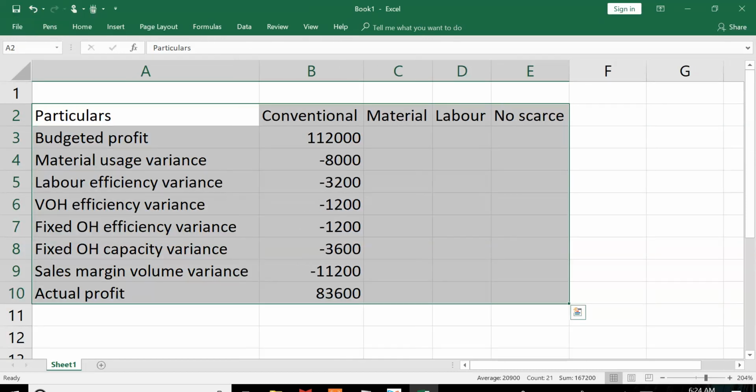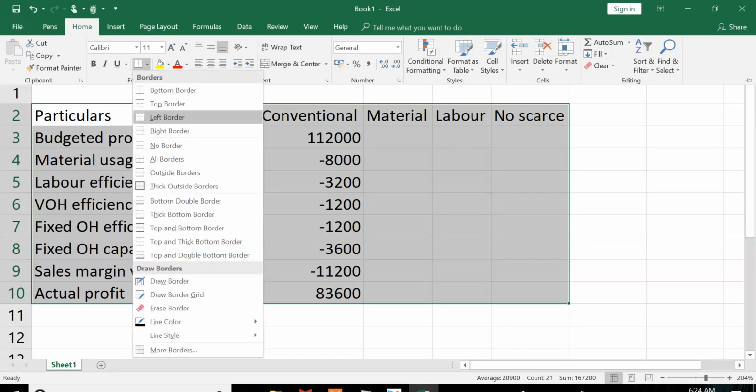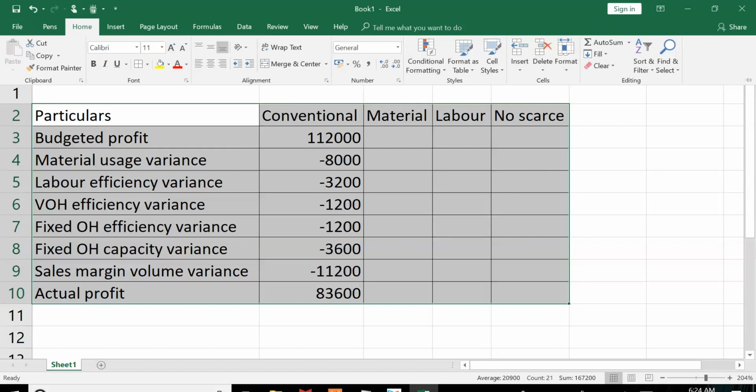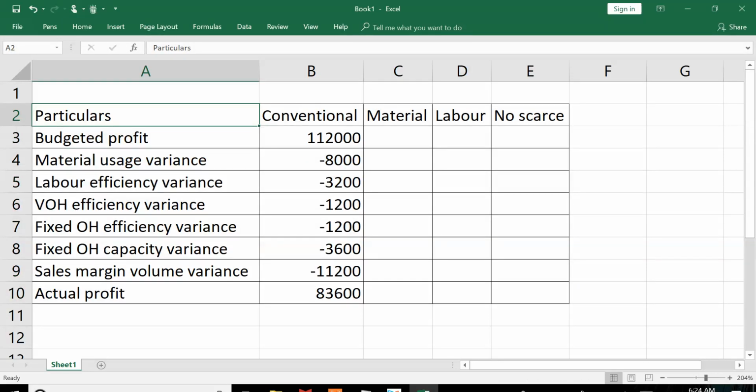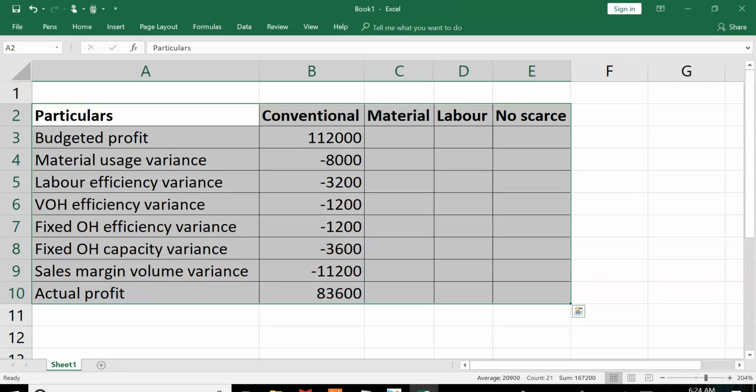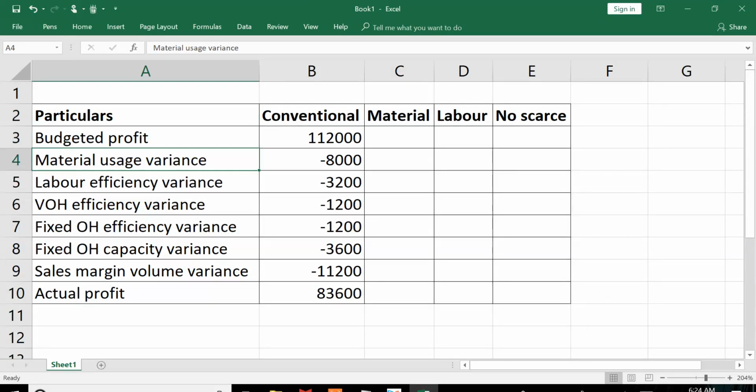Okay, please create a table like this. I'll have to give some explanation and then we come back. I had done this in the last class. We did not complete it fully.